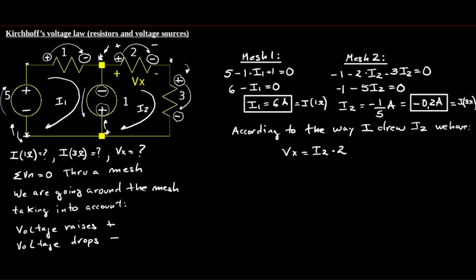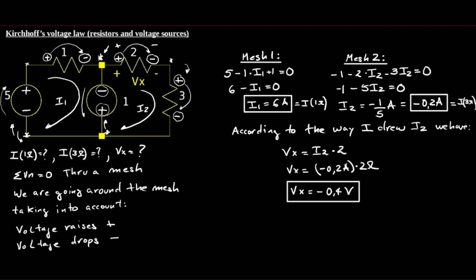Okay, but as I2 yielded negative, the voltage I'm going to get across the 2 ohm resistor, which is Vx, is going to be negative. The voltage I'm going to get is minus 0.4 volts. Okay, so it's on the opposite way it is drawn in the circuit.